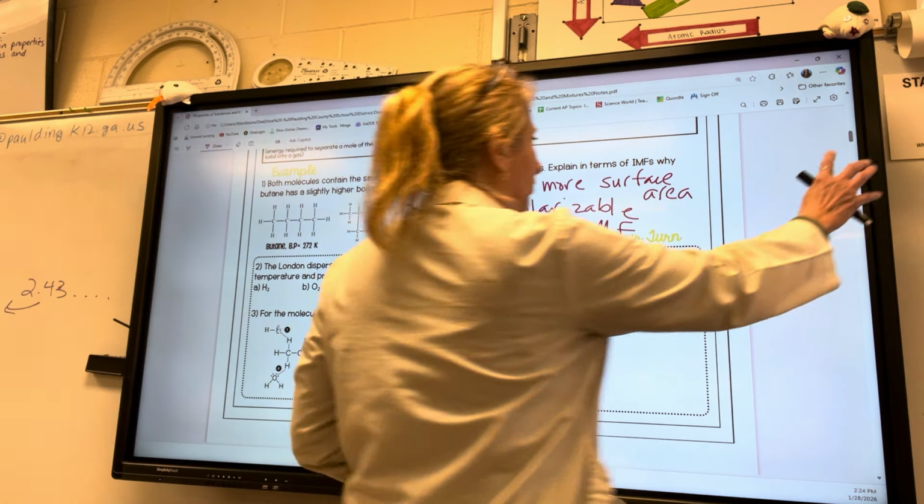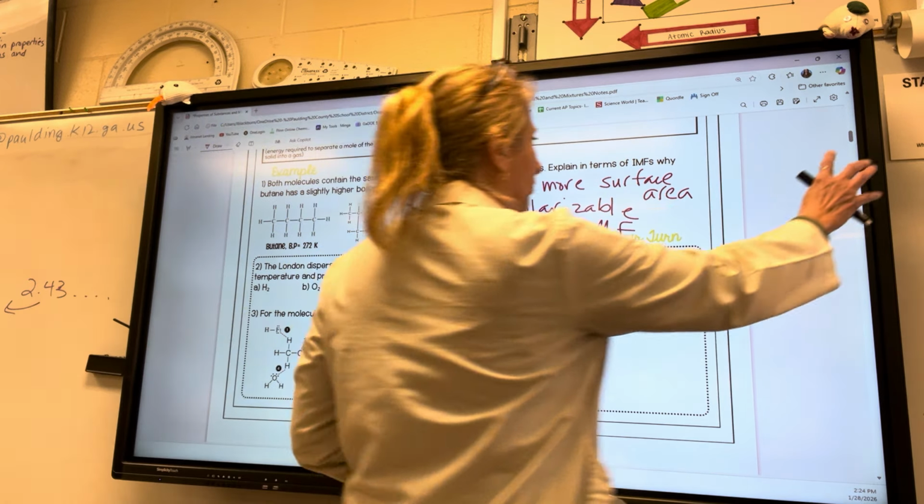Why? Because it is the smallest. And how you would say on the test, it has the smallest electron cloud. And then you could also say, therefore, it is less polarizable.